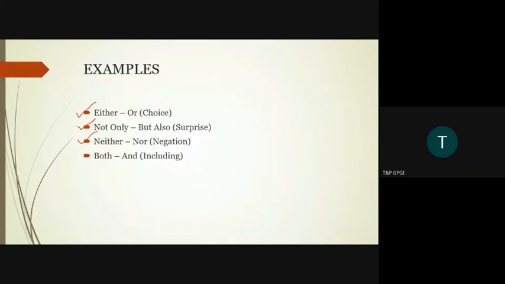A lot of students have a problem with this, I'll tell you, with neither. Many people say neither, neither this nor that. By the way, they are the same thing. Whether you say neither this nor that, or neither this nor that, it's the same thing.